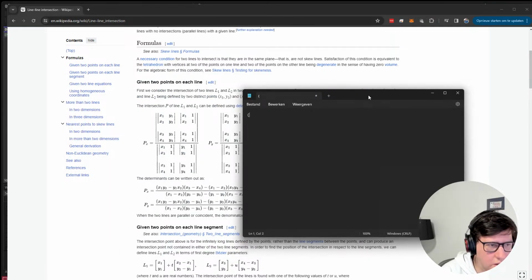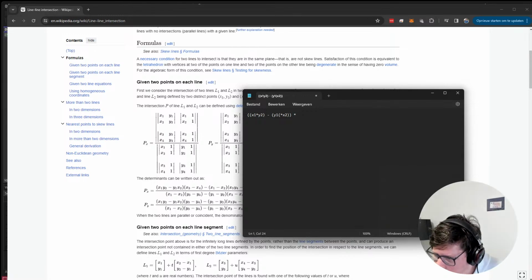This one would be x1 times y2 like this, minus x3. No, am I reading correctly? No. Minus y1 times y2, and then this one times the other one. Orthogonals are also 0 degrees or 180 as defined in opposite direction. Yes, okay.